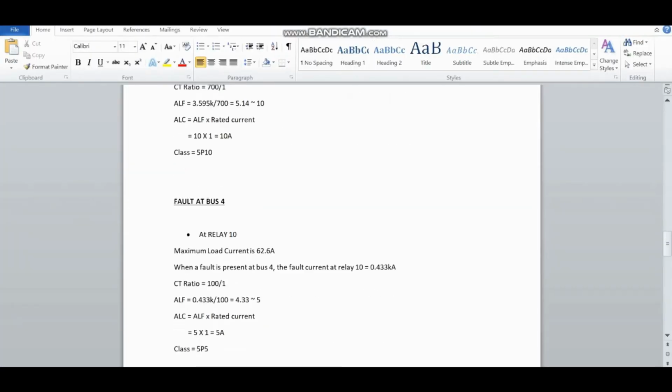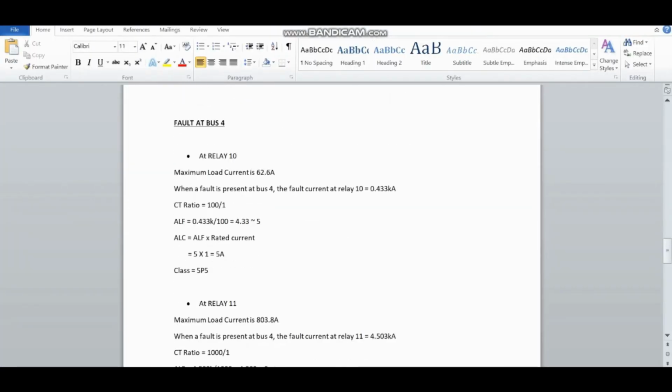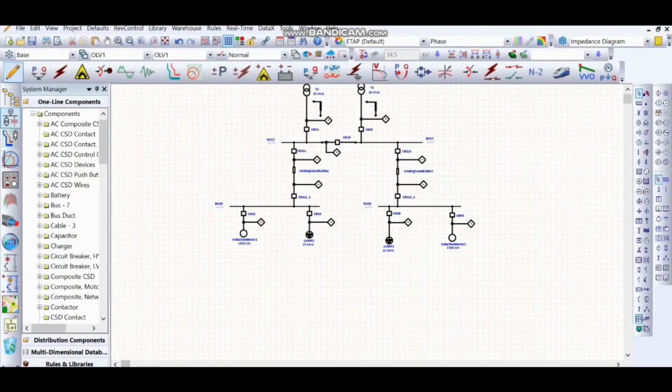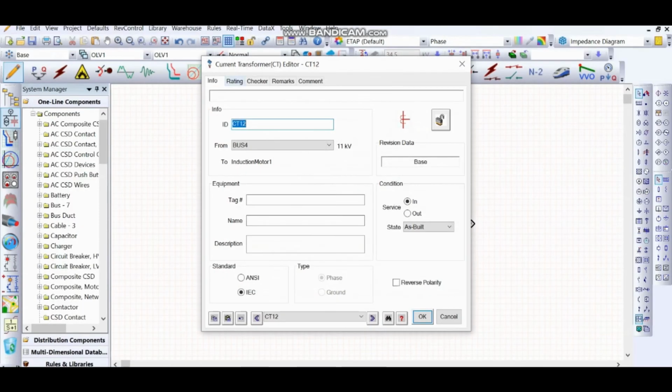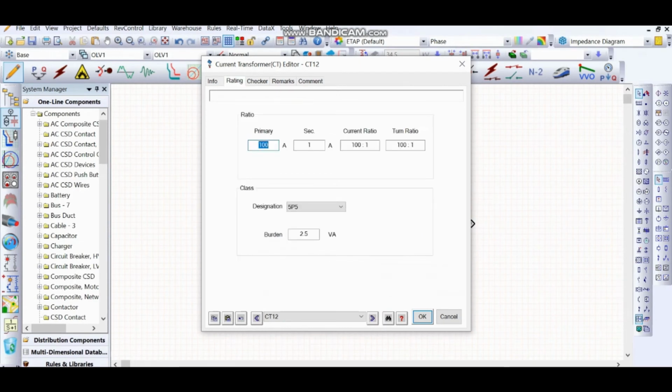And then next is at bus 4, which is at relay 10. The fault current for relay 10 is 0.433 kA. Then the CT ratio is 100/1. Then we calculate the accuracy limit factor, and we got nearest to 5, and accuracy limit current is 5 ampere. So we set this: the CT ratio, and then the class designation.